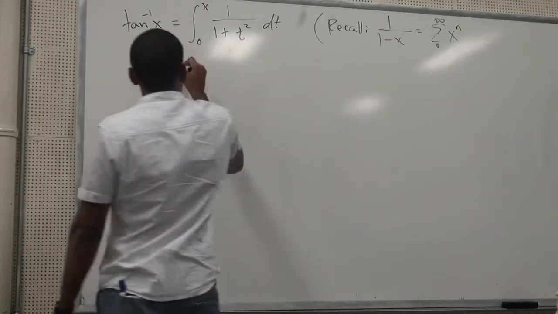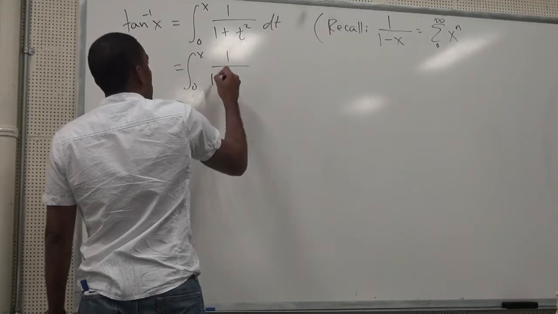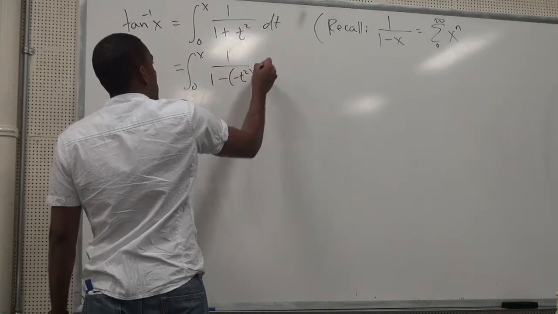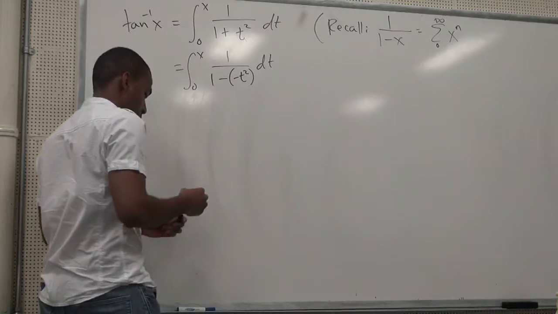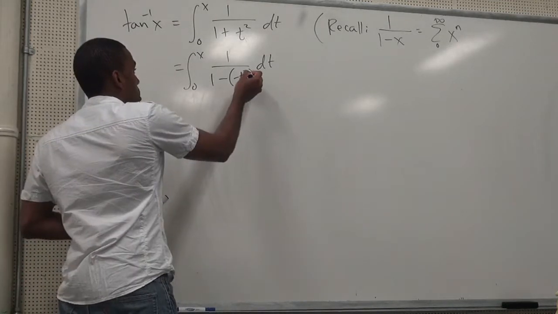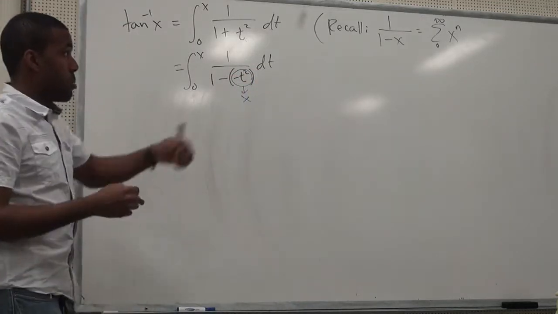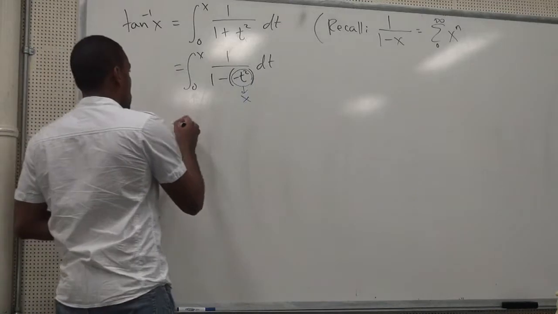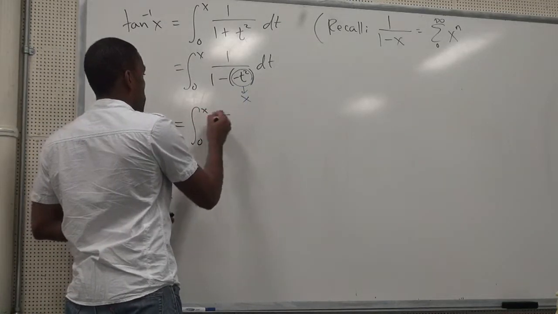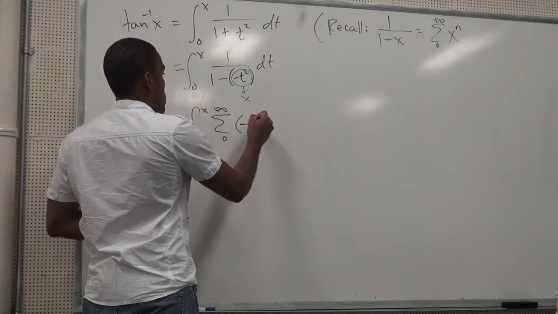So it's 1 over 1 minus negative t squared. And so now it's like this guy here, x. And so you just plug it into that power series form. So this is just going to be the sum of negative t squared to the n.